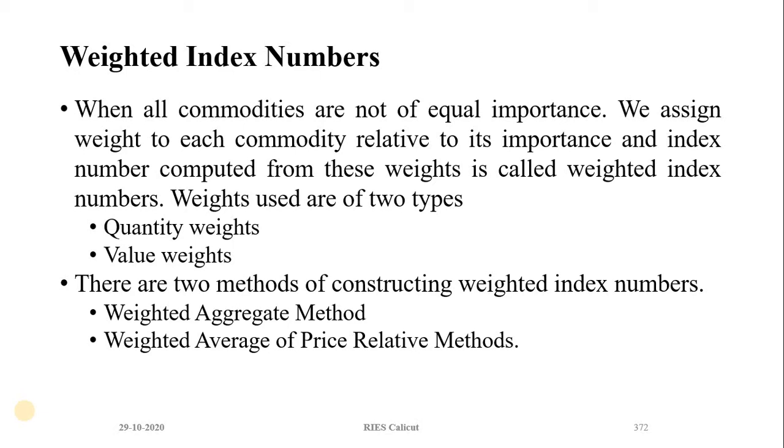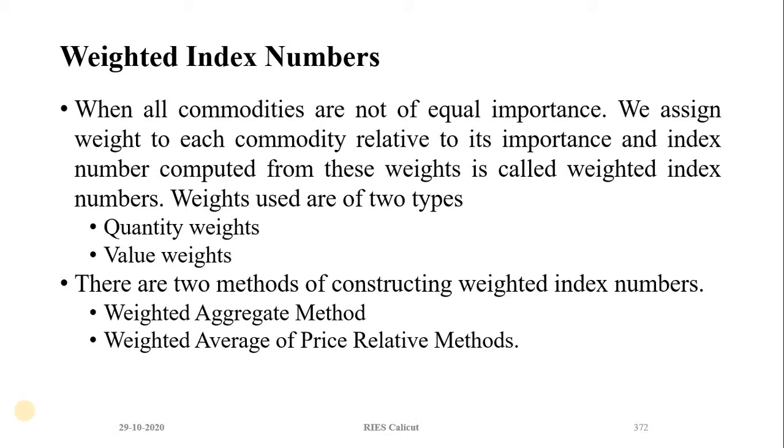Okay. So if you are considering the weight, we can still construct an index number using two different methods. The first method is the weighted aggregate method, and the second one is the weighted average of price relative method.